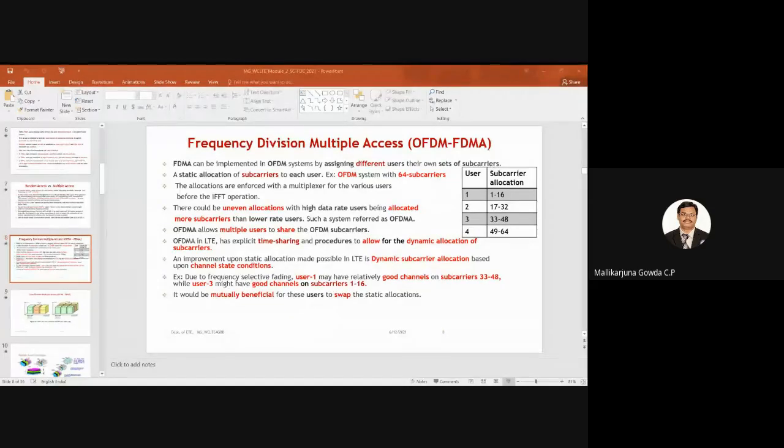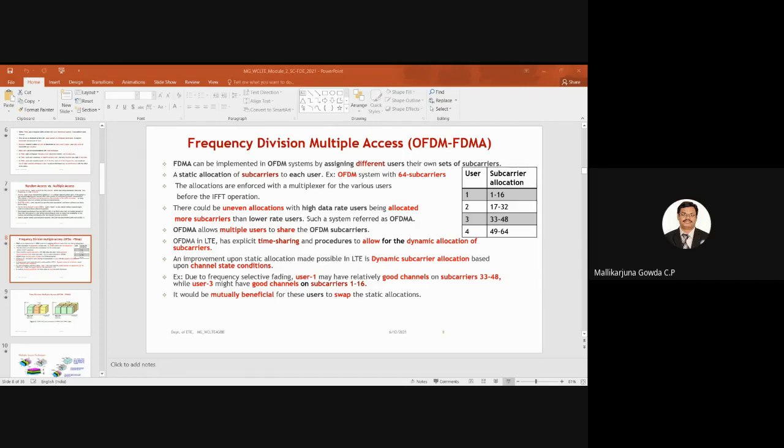The number of subcarriers to each user is fixed here. This is how I say it is static allocation, right? So for user 1, the subcarriers allocated are from 1 to 16. User 2 is from 17 to 32, user 3 is from 33 to 48, and user 4 is from 49 to 64. Here, since it is a static allocation, for some users the subcarriers allocated may not be in good condition, meaning their channel and other things.